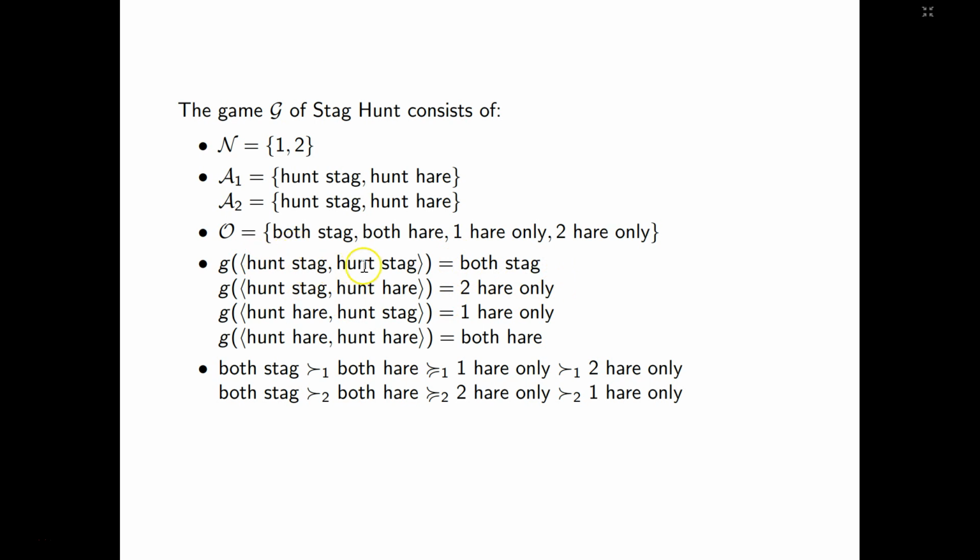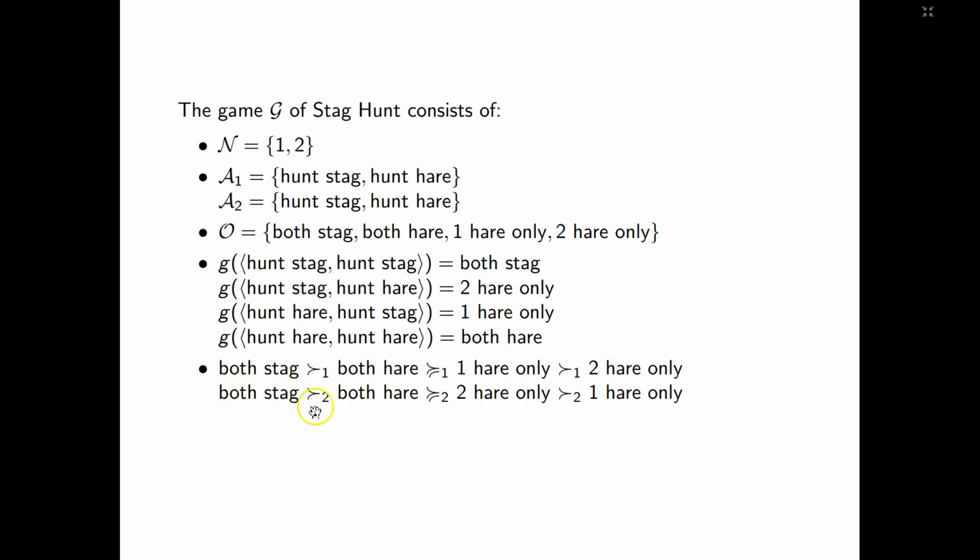So hunt stag, hunt stag maps to they both get stag. Hunt stag, hunt hare maps to player 2 getting hare, player 1 going home empty-handed. Hunt hare, hunt stag maps to player 1 getting hare and player 2 going home empty-handed. And hunt hare, hunt hare maps to both of them getting hare.